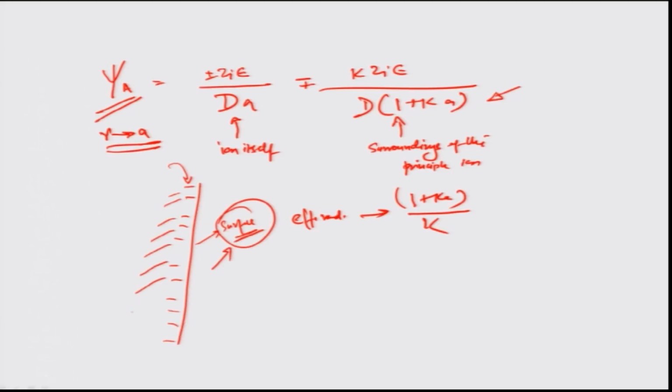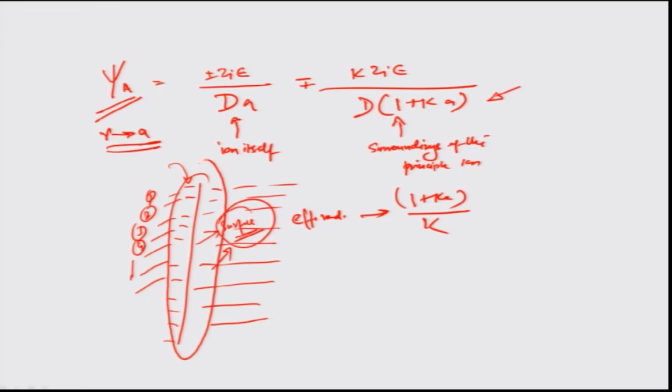So these are 1, 2, 3, 4, several such negative ions embedded onto the platform of the electrode and in vicinity with the solution. There is some kind of electrolyte in vicinity with that, and we would like to compute what happens at this interface of the solid and the liquid.